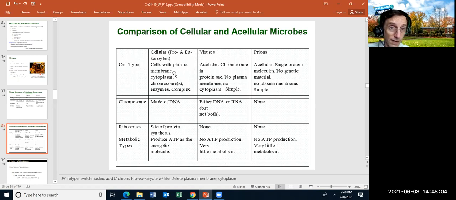The cells have a plasma membrane. You can find cytoplasm and chromosomes and enzymes in the cell. And the cell is pretty complex. A lot of things are going on in a cell, and they have a lot of molecules in them. So we're just going to say, simply put, the cells are complex.